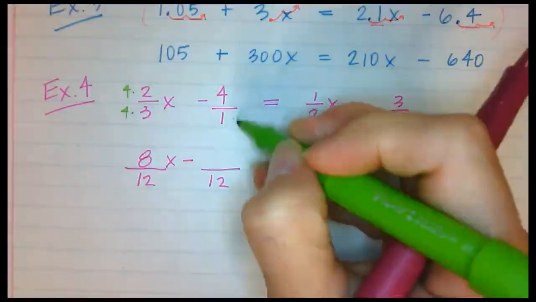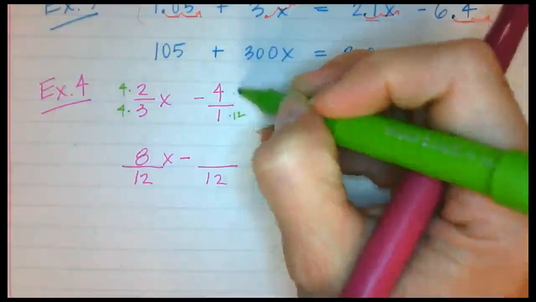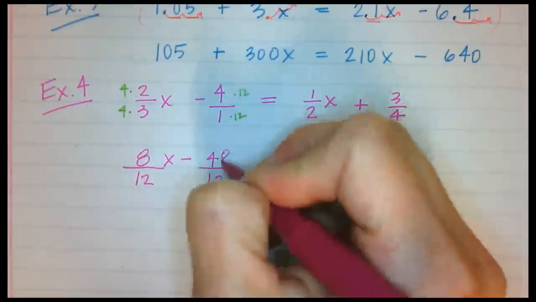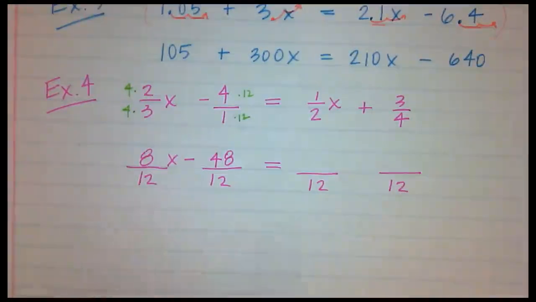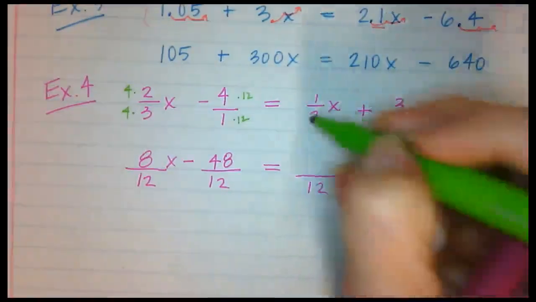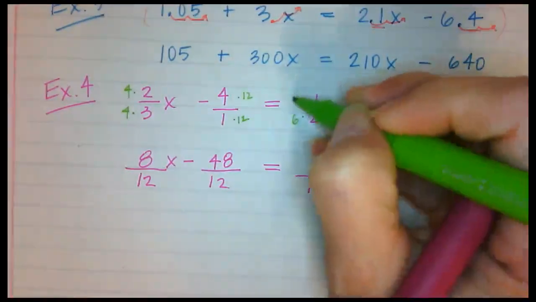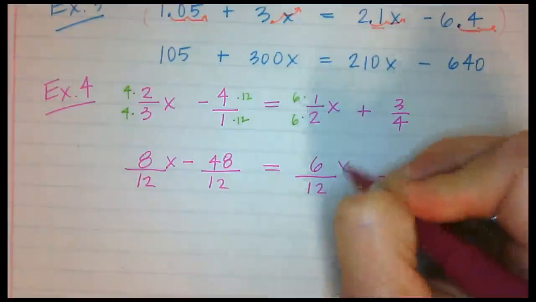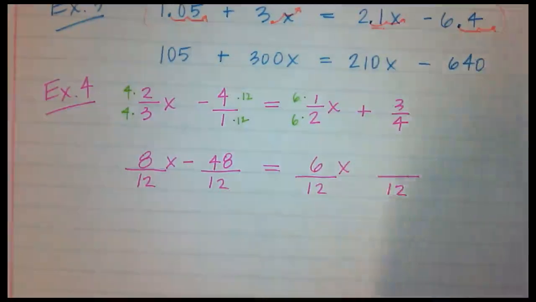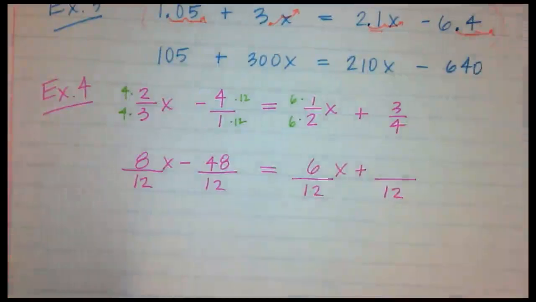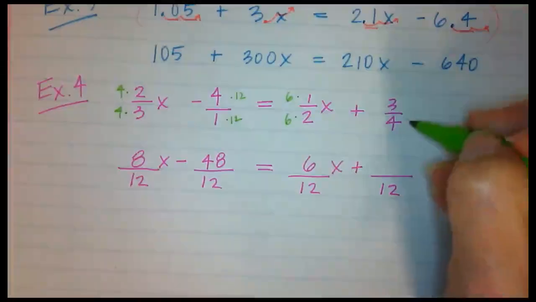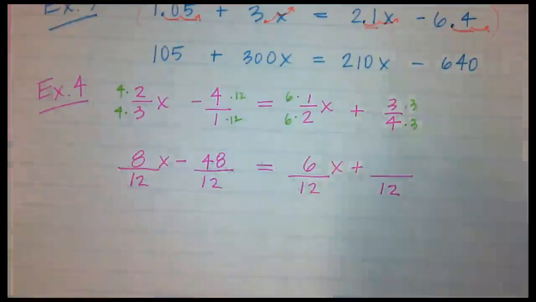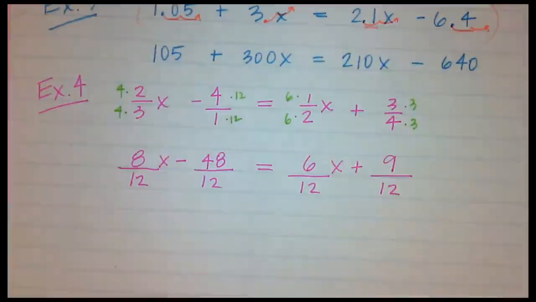This one we would need to multiply by 12. So this will be 48 over 12. To get 2 to become 12, we need to multiply by 6, which makes this 6 over 12x. And then this one would need to be multiplied by 3, which makes this 9 over 12.